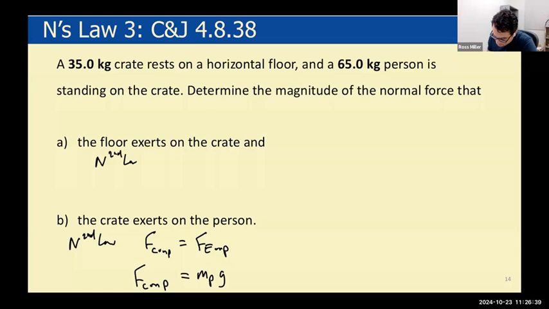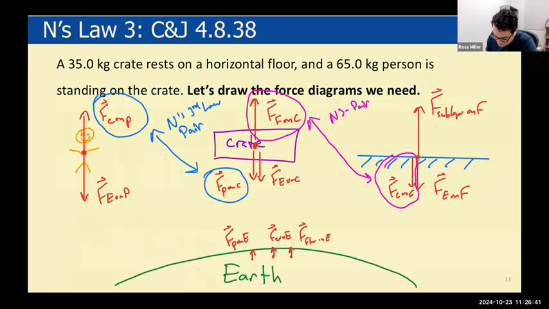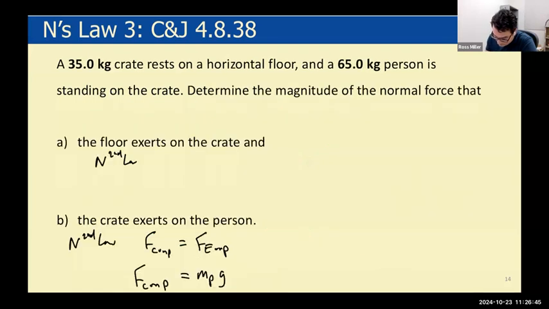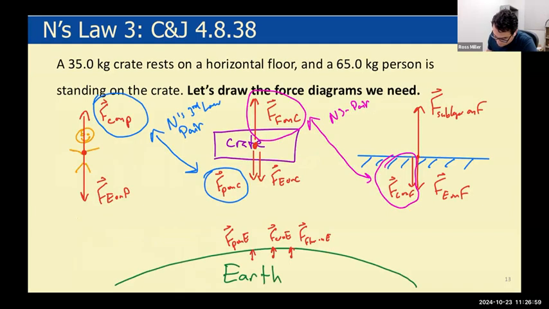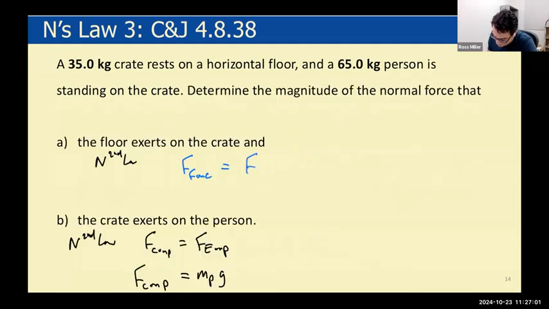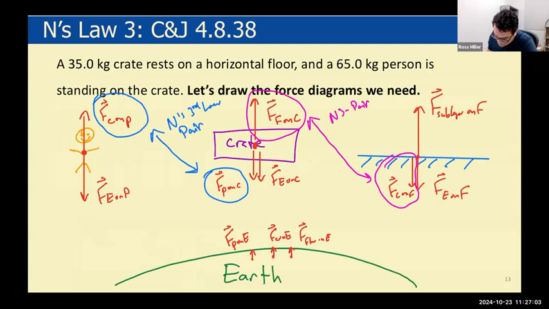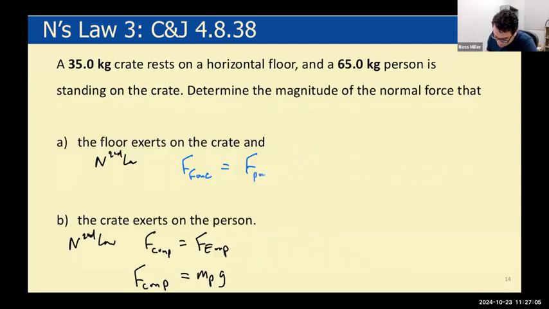So I don't think we actually needed. So from this middle diagram, the floor on the crate has to be, let's do it this way. It's got to be the person on the crate. Yes, we do need this, plus earth on the crate.